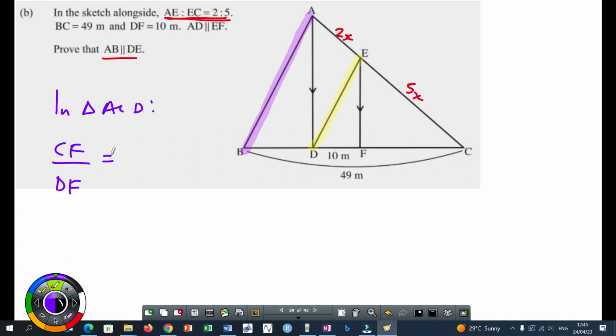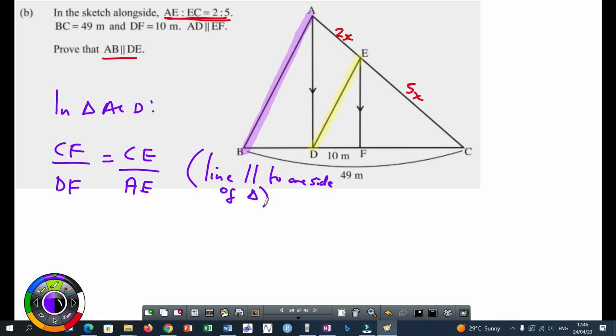That will be equal to CE divided by EA. Or I can call it AE nicely. I hope you did the question. So that's AE. Then my reason there is going to be line parallel to one side of triangle, which is the original proportion theorem.